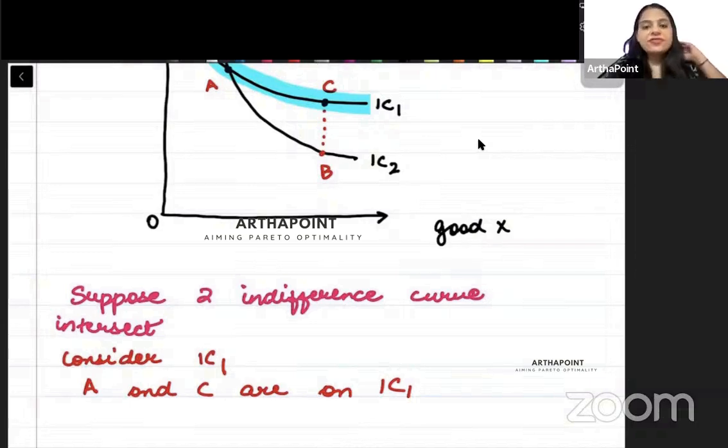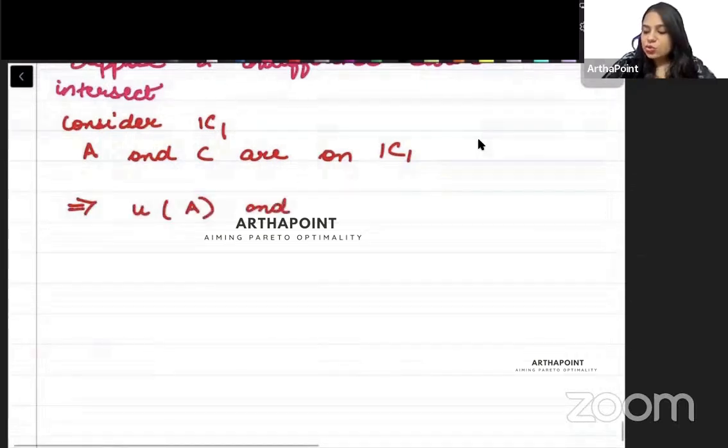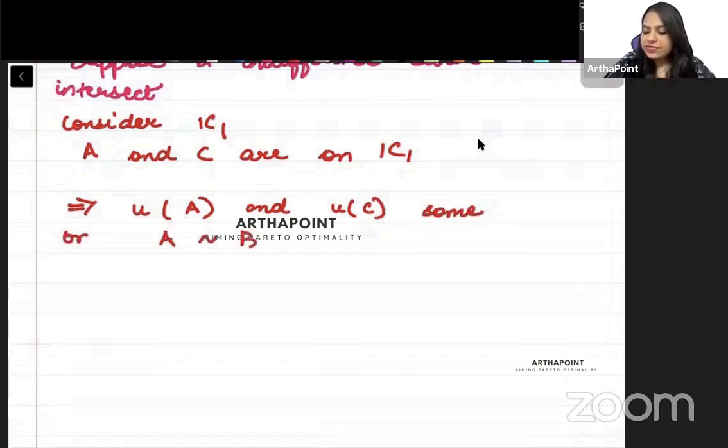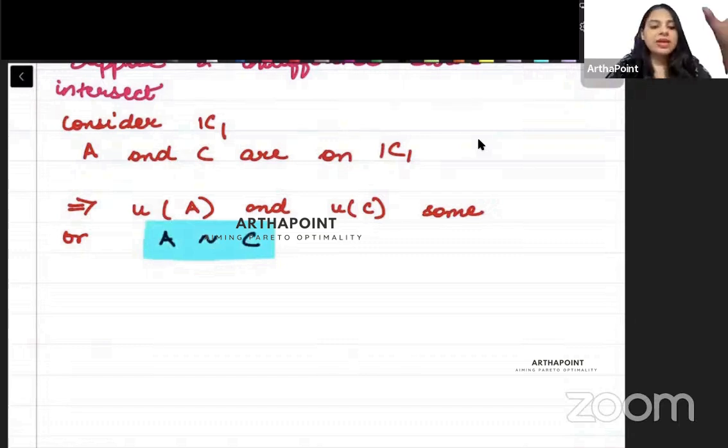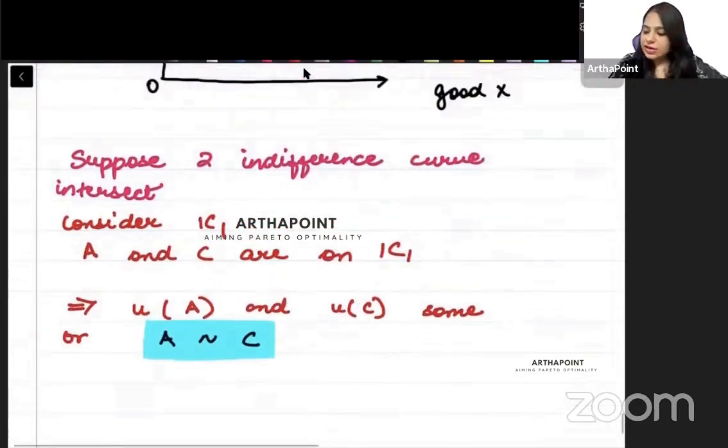If two points are on the same indifference curve, they give the consumer the same level of satisfaction. So this means that utility from A and utility from C should be the same, and I can say that the consumer should be indifferent between A and C. Consumer will get the same level of satisfaction from A and C. Is this clear?